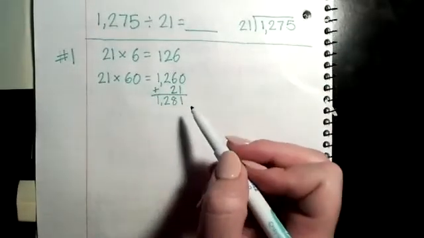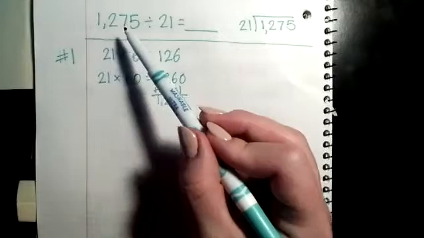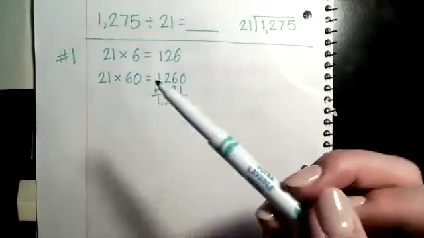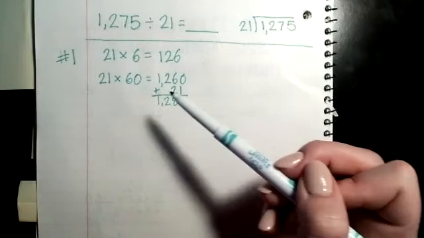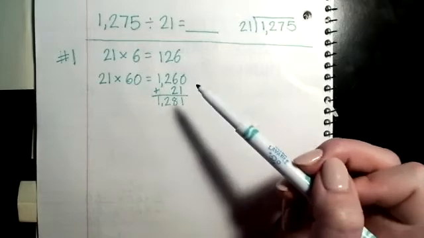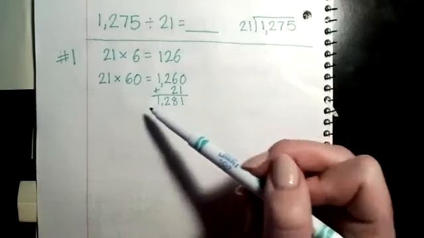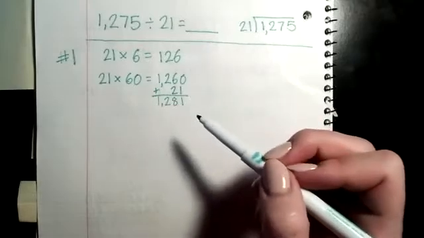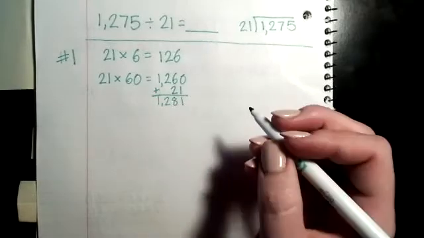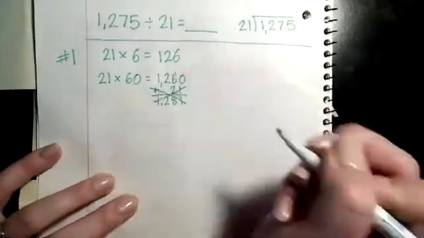Now my number is 1,281. I only wanted 1,275. So what that tells me is I can't add another full multiple of 21. What I need to do is find whatever is left over. Since I don't have another full multiple in this number, I'm going to have a remainder. I'm going to have something left over.